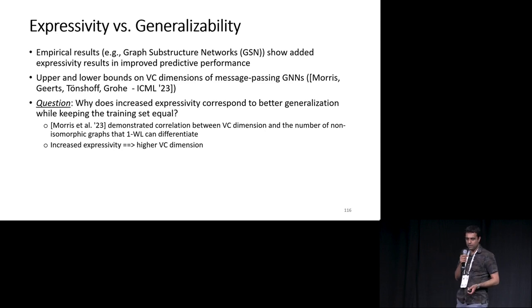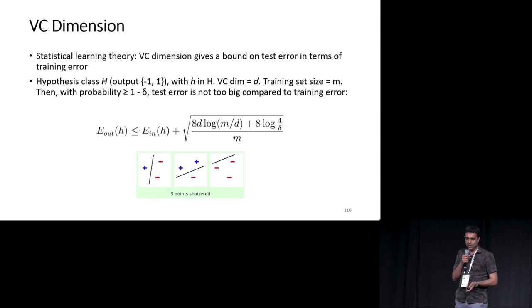Because if you look at this additive quantity here, there's this dependence on M, which is your training set. So you can increase the VC dimension, but if you correspondingly increase the training set, you can keep this quantity constant.